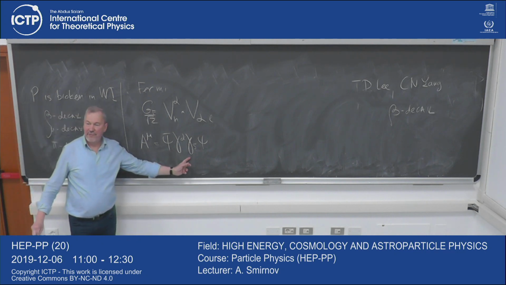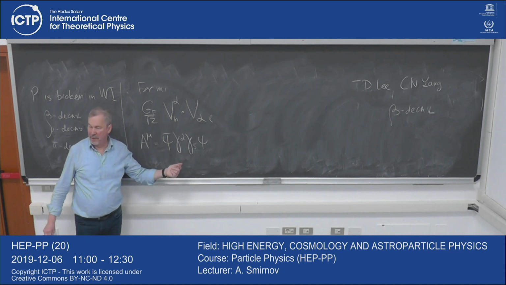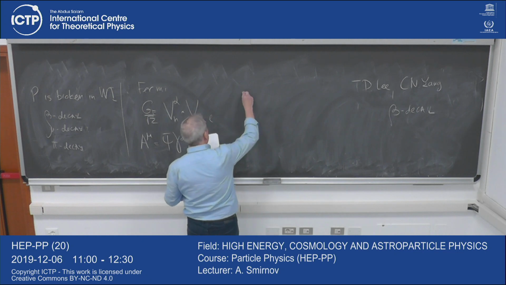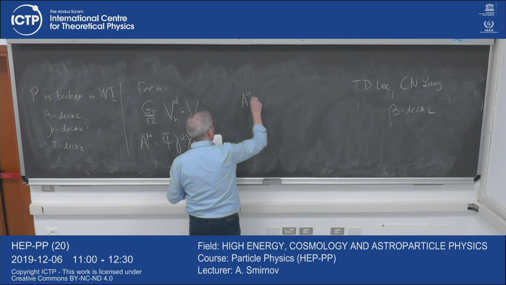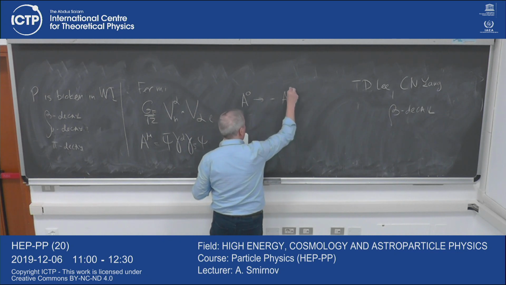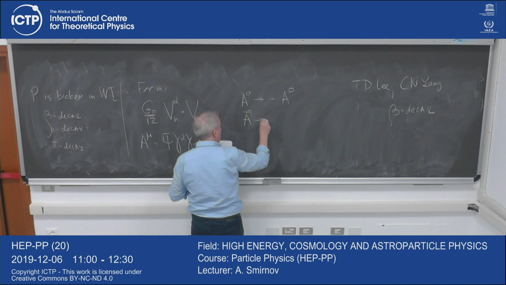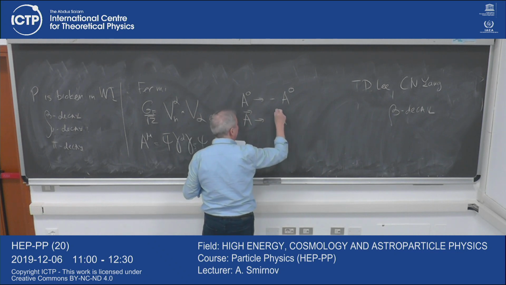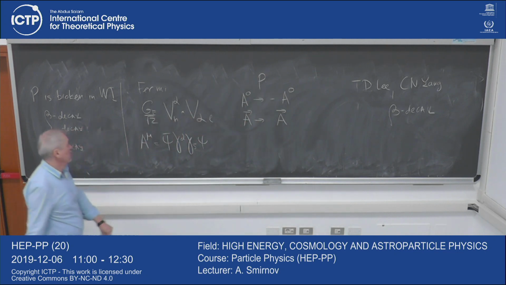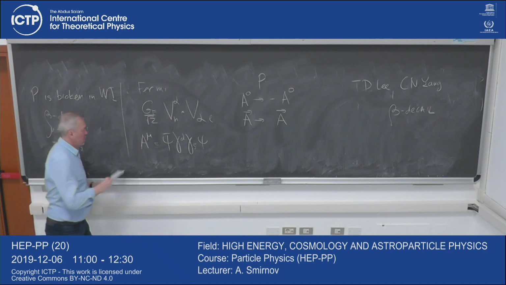The appearance of gamma 5 and the fact that you need to make another permutation of gamma matrices leads to the following transformation: the zero component of the axial vector current changes the sign, opposite to the vector current, while the vectorial components do not change the sign under P transformations. Here I denote A as a current, so it should be alpha.